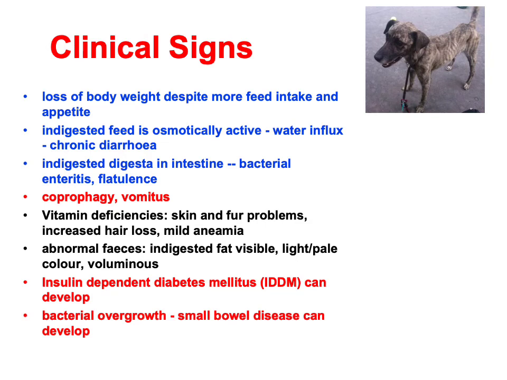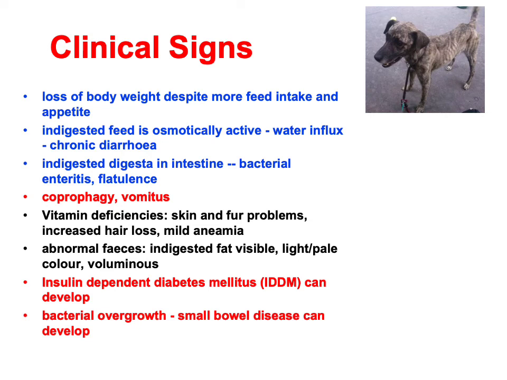In the upper corner you can see a result of this process. The ingested digesta in the intestine will undergo bacterial fermentation, will cause bacterial enteritis and flatulence. Coprophagy and vomiting can develop.